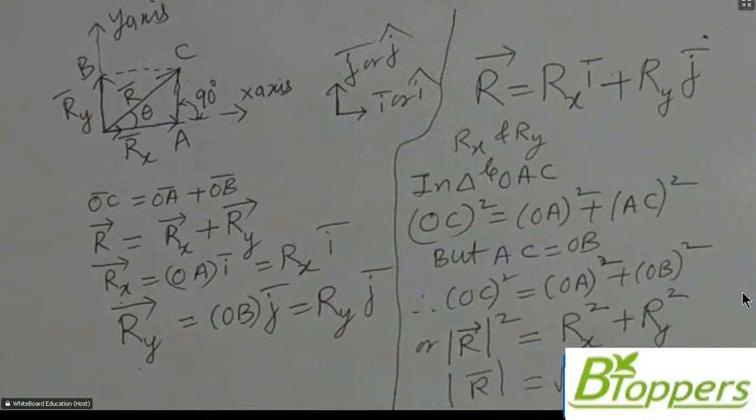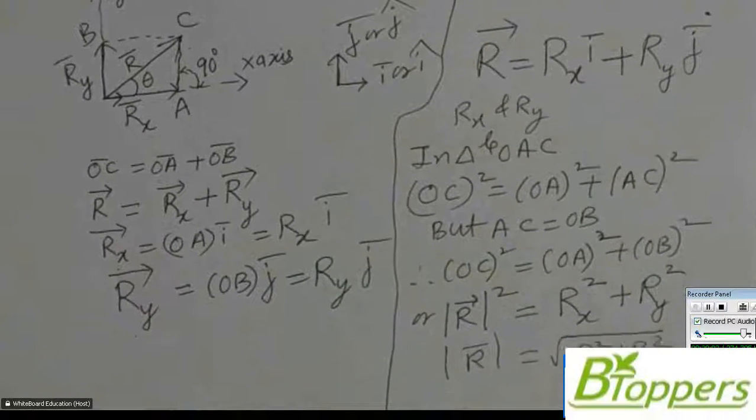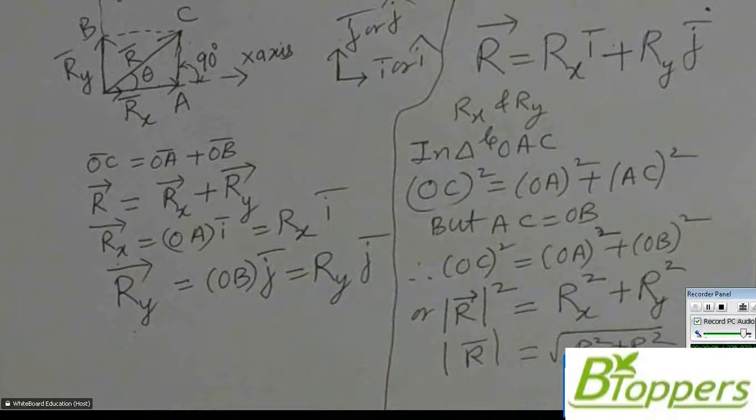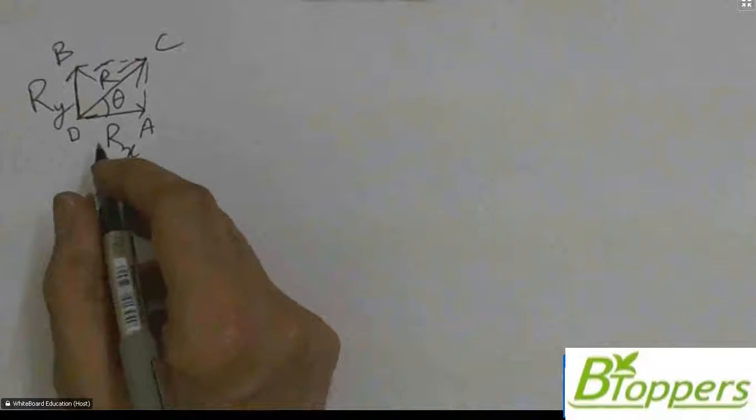Again, in some problems we express the two rectangular components of the vector r bar in terms of the magnitude of the vector r bar and the angle theta which the vector r bar makes with one of the coordinate axes. In the given figure, theta is the angle made by the vector r bar with the x-axis.